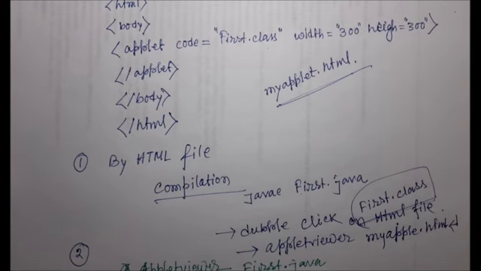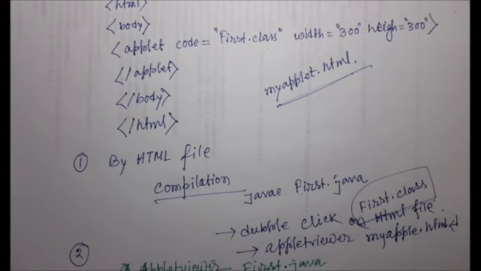If I write appletviewer first.java, then I will execute this program. So here, instead of the Java interpreter, I am just using appletviewer. So in this way there are two ways we can run.